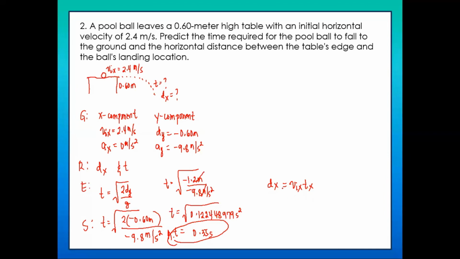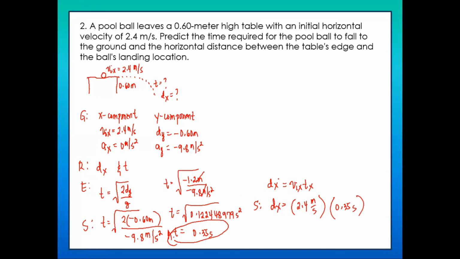So, given naman ang v sub ix natin. So, for our solution, d sub x is equal to 2.4 meter per second multiply to t, lagi namang equal yung time of flight sa whatever component yung pinag-uusapan natin, 0.35 seconds.